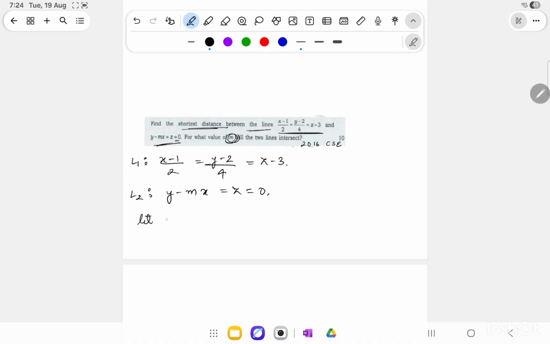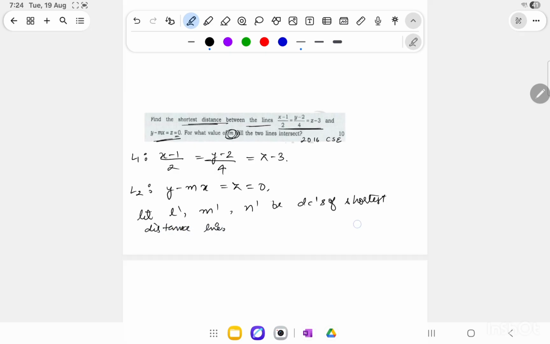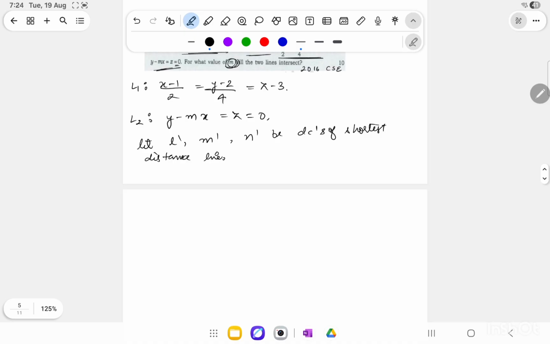So let us assume that l dash, m dash and n dash are the direction cosines of the shortest distance line. So the shortest distance line will be perpendicular to both L1 and L2. Let me simplify my equation too. On simplifying, I'll get x equals y by m equals (z minus 0) by 0.